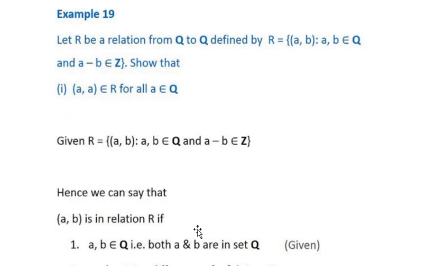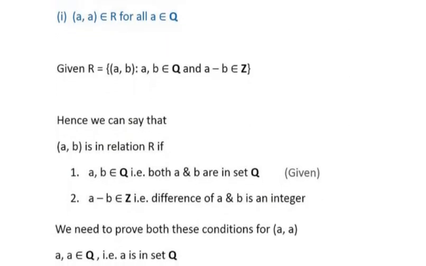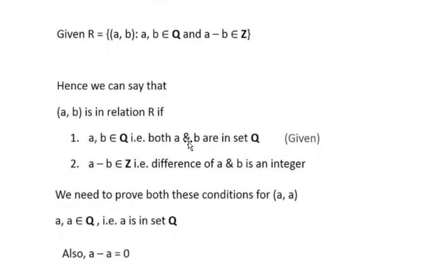Here (a, b) is in R if a minus b belongs to Z, where a and b both are in set Q. Now we know that a minus b is an integer if a and b both belong to Z. Here they both belong to Q. For (a, a) it will hold. Why? Because whether a is a fraction or any number, a minus a is always 0 and 0 belongs to Z.